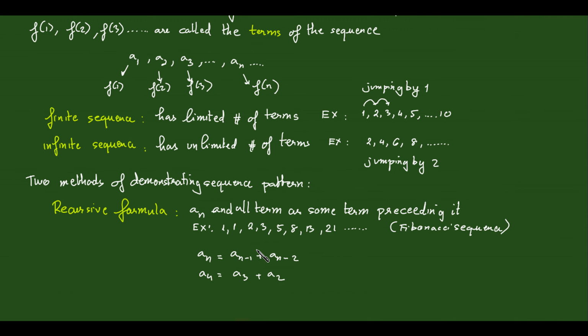That is how to get the recursive formula. So you see that a recursive formula is a relation between a sub n and all the terms or some terms preceding that.